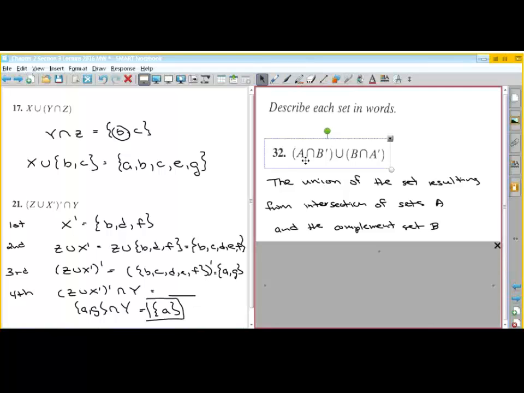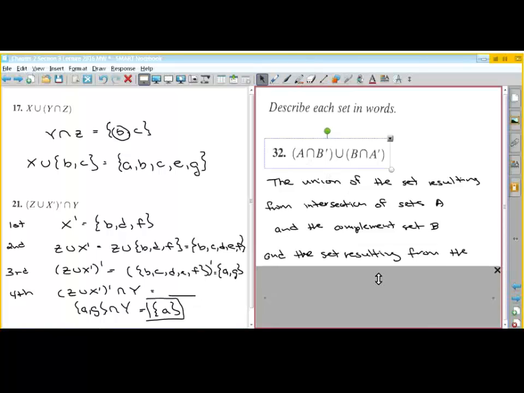So let's read it. The union of the set resulting from the intersection of sets A and the complement of B. Then we have to get the second part. And the set, that's the second bit.